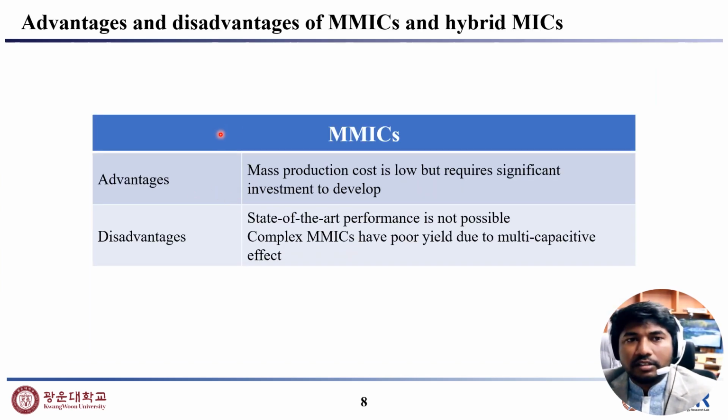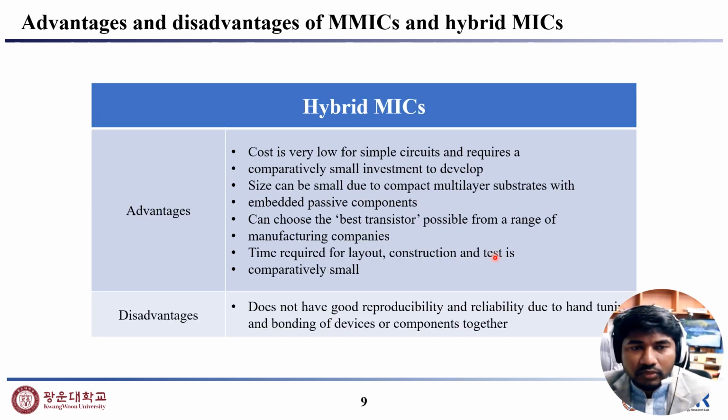Finally, in this slide, we discuss the advantages and disadvantages of MMIC. The main advantage is that mass production cost is low, but it requires significant investment to develop. The disadvantage is that state-of-the-art performance is not possible, and complex MMICs have poor yield due to multi-parasitic effects.